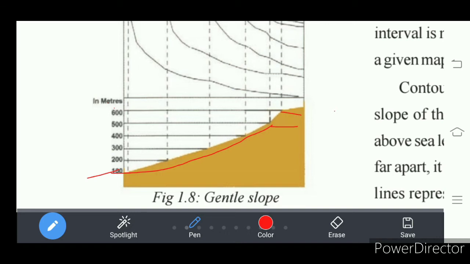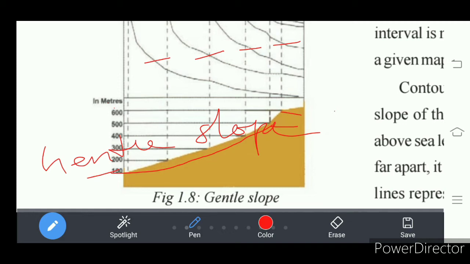So when you find there is much distance among these contour lines, you should understand the place is with a gentle slope. Which slope? Gentle slope. Okay.